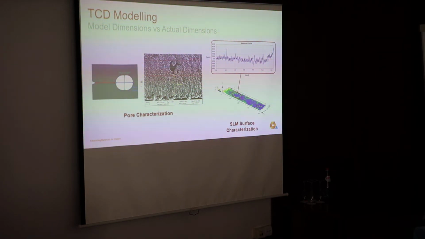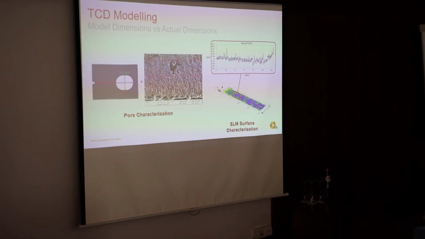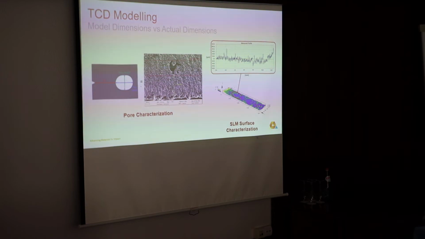So pore characterization was carried out in the form of SEM analysis to infer the exact dimensions of our pore into our model, and the same was conducted for the SLM surface, whereby we carried out 2D surface profilometry and measured the maximum depth of the surface, or Rv parameter, to influence the size of the micronotch which we implemented in our model.